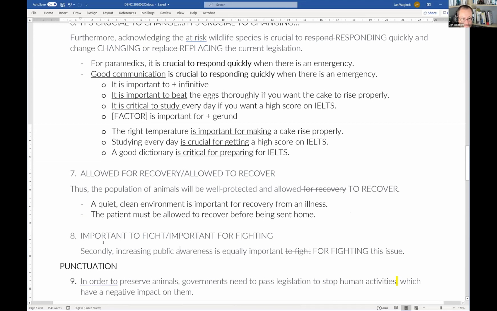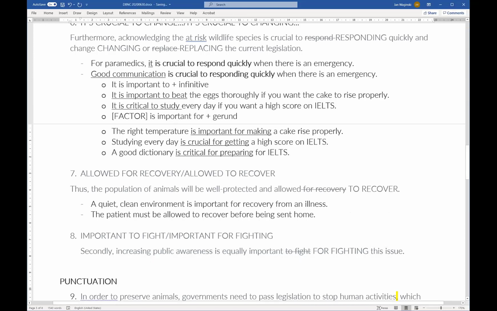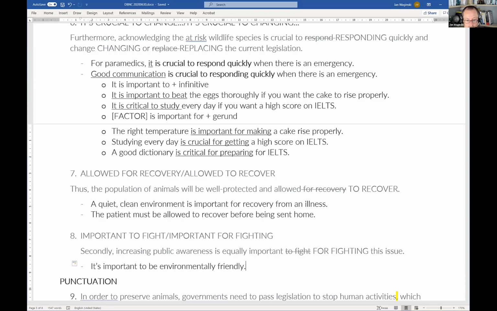We've got another one like this. Increasing public awareness is equally important to fight this issue. No good. For fighting this issue. It's important to be environmentally friendly. Okay.